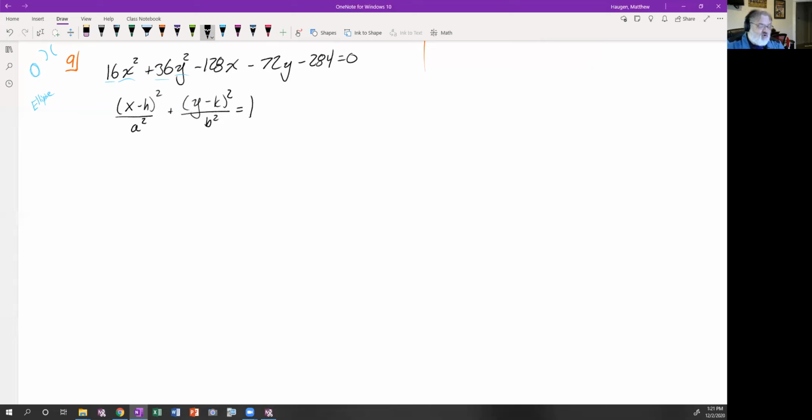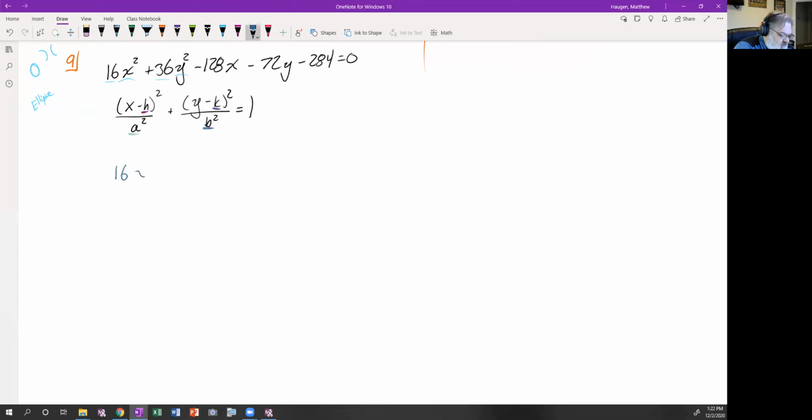So if we want to know where the center (h, k) is, and what those radial lengths are, we're going to need to build this form. So let's grab our pieces.